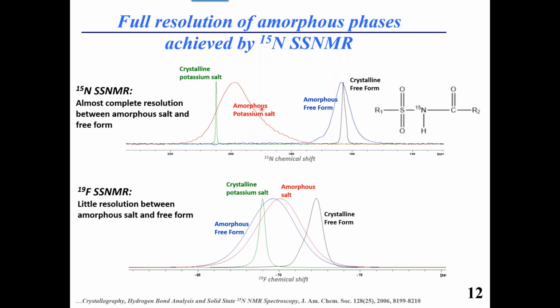It's not unusual to see an asymmetric distribution. It all depends on the mixture of states forming. Every molecule has slightly different conformation or orientation in this amorphous phase. So it's the distribution of these conformations that gives you this line shape, and the distribution must be asymmetric for some reason.